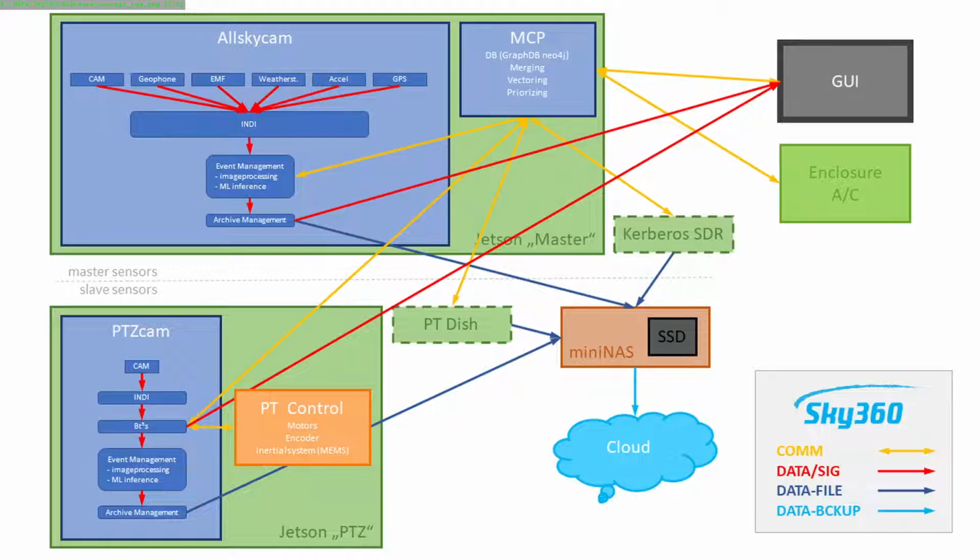The master control program decides, according to the labeling and the classification, if it is an interesting event or if it is something that is already known and considered boring.